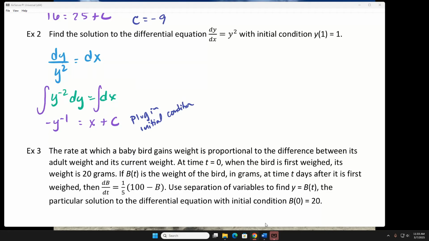Okay, and so x is going to be 1 and y is going to be 1. So y to the negative 1 means obviously y in the denominator. X is also 1. Actually, let me rewrite that for a second, sorry.